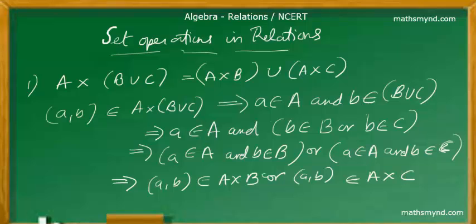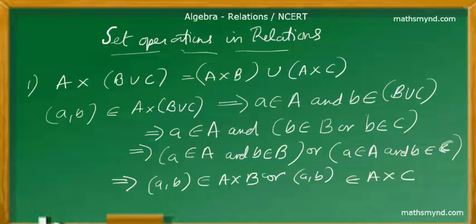The first step is we are separating out the elements, that is a is an element of set A and b is an element of set B ∪ C. Now we are separating out the second part: if element b belongs to B ∪ C, it simply means that it should belong to either set B or set C. So in the next step, a is an element of set A and b is an element of set B, or b is an element of set C.